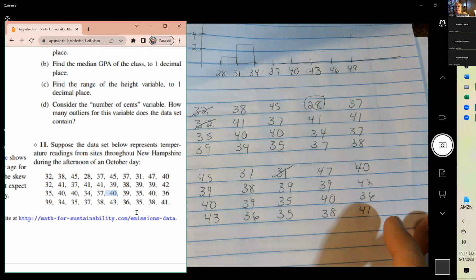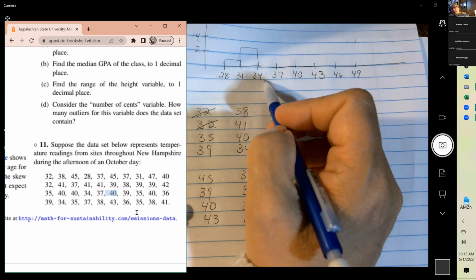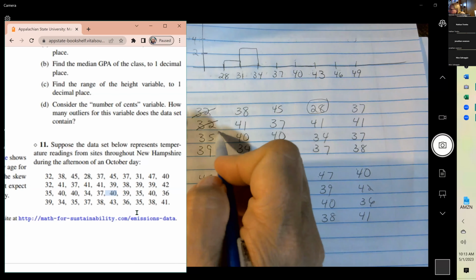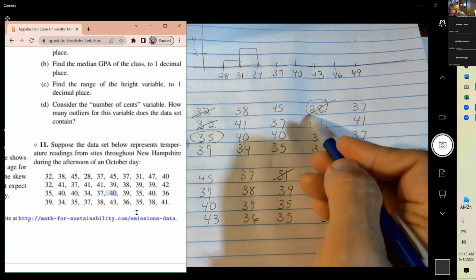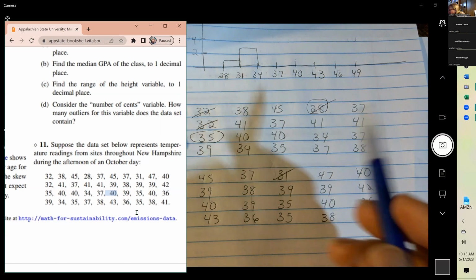Hopefully I got them all. The next one's 34, 35, and 36. 35, I already used that. 34, 5, and 6.